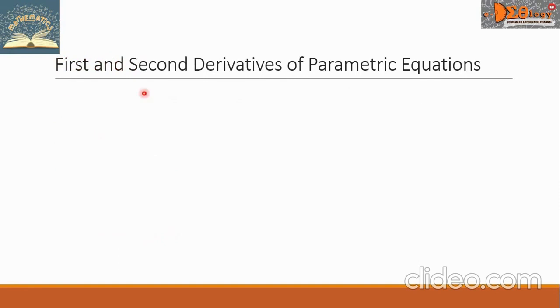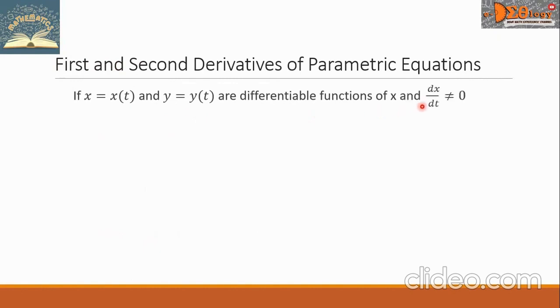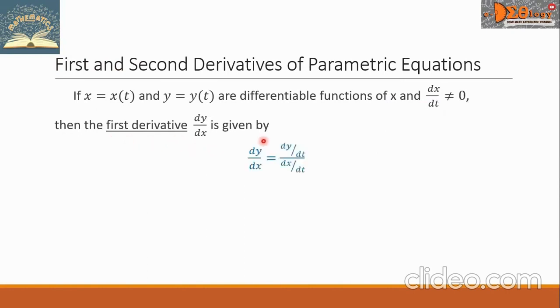Let us go now to the first and second derivatives of parametric equations. If x equals x of t and y equals y of t are differentiable functions of t, and dx over dt is not equal to 0, then the first derivative dy over dx is given by dy over dx equals dy over dt.